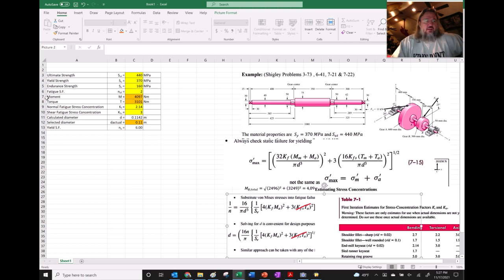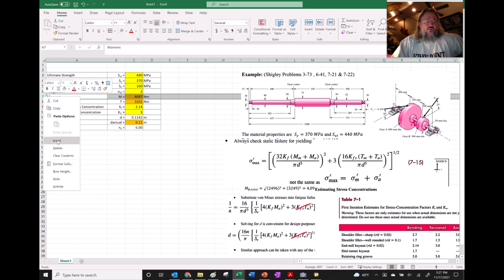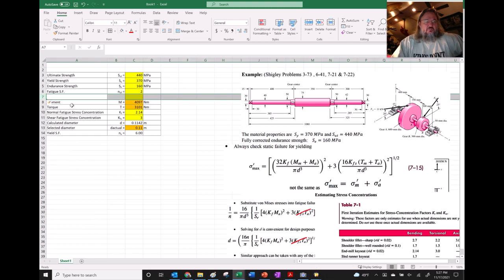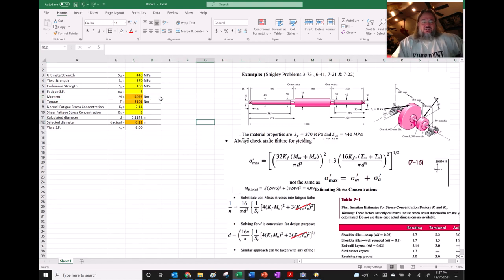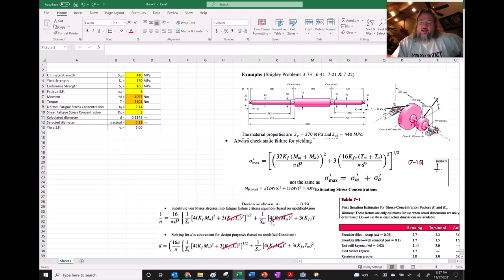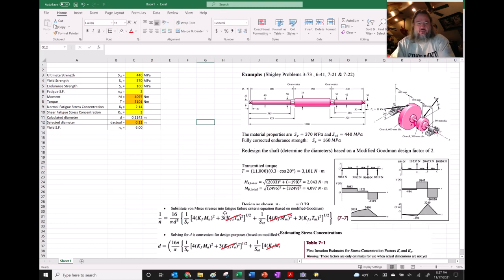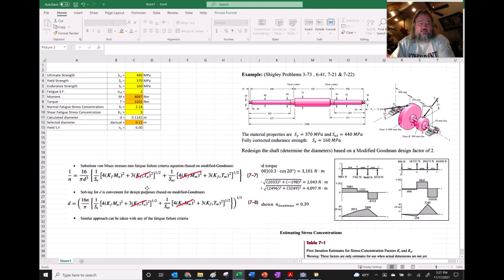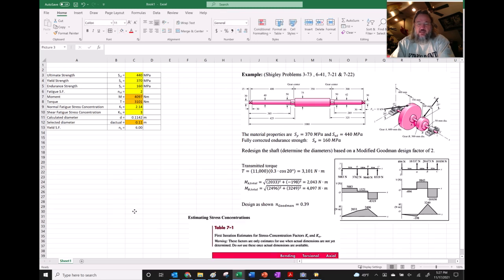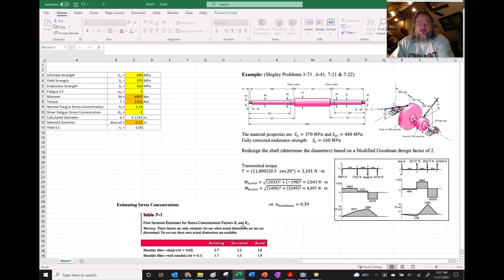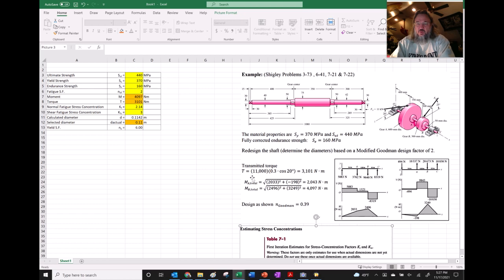I might make this a little bit more useful, or I could try to automate this a little. I think I can get rid of that guy. I want these stress concentrations. Let me explain.